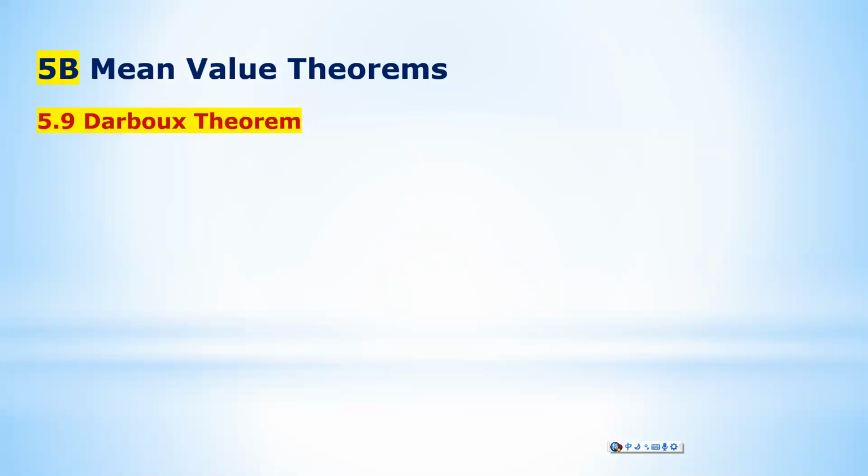So there's a sequence of theorems interrelated to each other. The mean value theorem is a very powerful theorem that can be applied to many situations to give a lot of nice results. That's something we are going to see today.